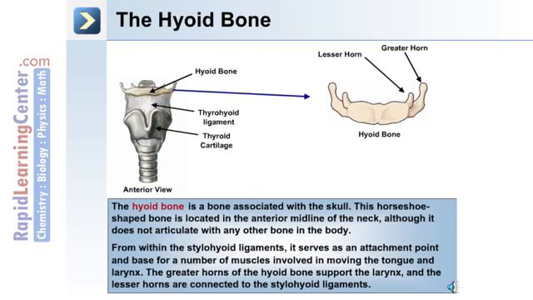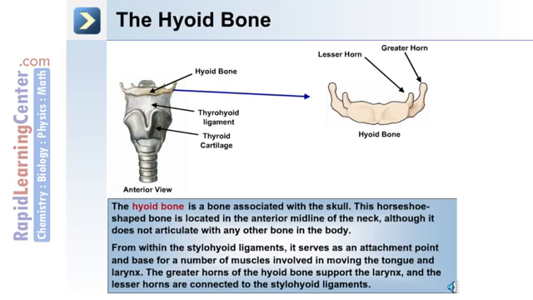The hyoid bone is associated with the skull, and it's located, as you can see in this anterior view, above the thyroid cartilage. The hyoid bone has a greater and lesser horn as part of its structure, and this horseshoe-shaped bone is located at the anterior midline of the neck, although it does not articulate with any other bone in the body.